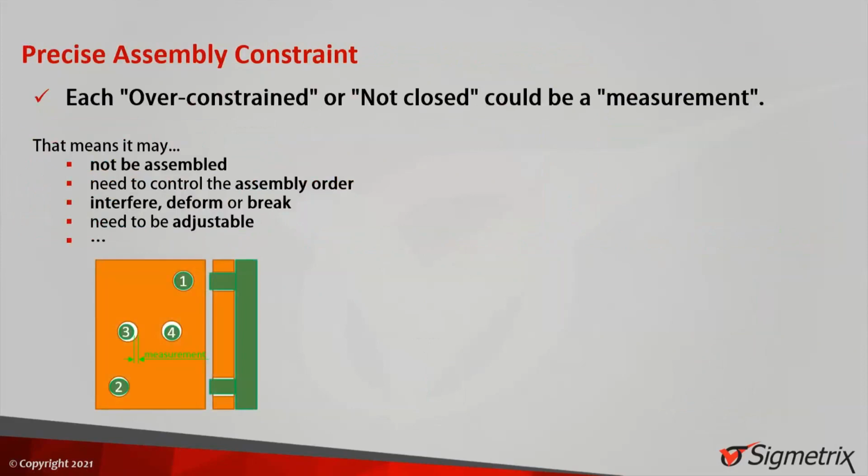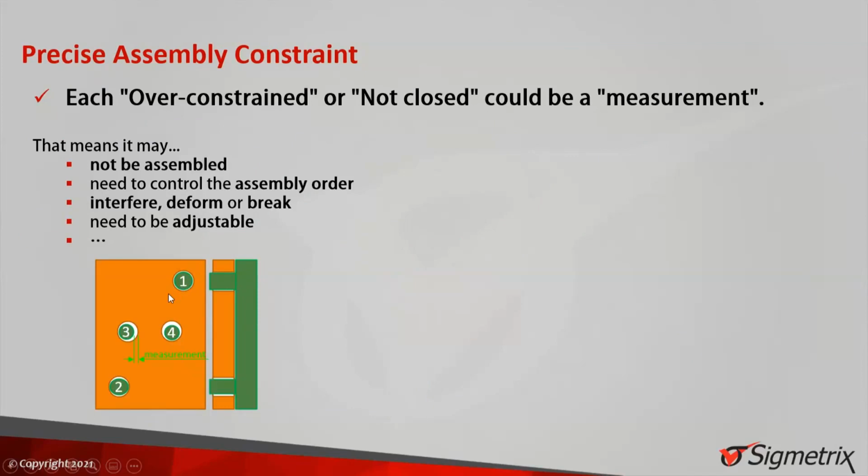Okay, so this is also another precise assembly constraint. You will find many over constraints in real situations. So what is an over constraint? Each over constraint will be a measurement, meaning it can be analyzed. For example, there are 4 pins and 4 holes in 2 parts.